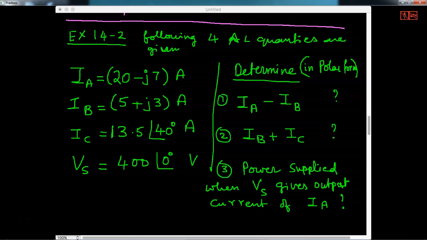So can anybody tell what is IA minus IB? Nobody can tell?